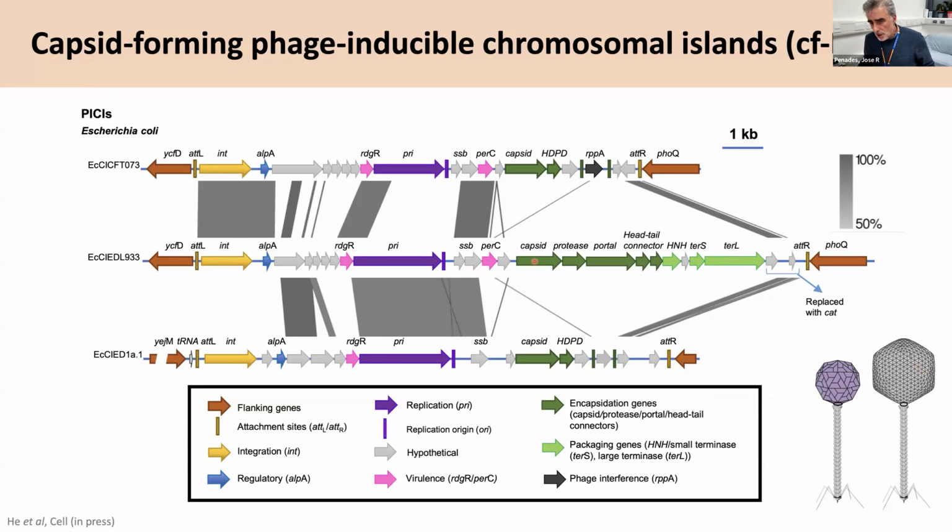But in the PICIs, we didn't know what the role of these genes was. We were a bit surprised because the initial idea was that maybe in this new family of satellites, these genes are responsible for producing the small capsids. But if that was the case, why would a satellite want to carry all these genes when just carrying a couple of genes can hijack everything from the phage?